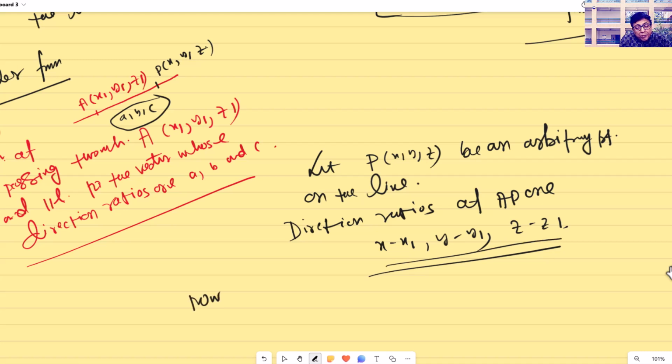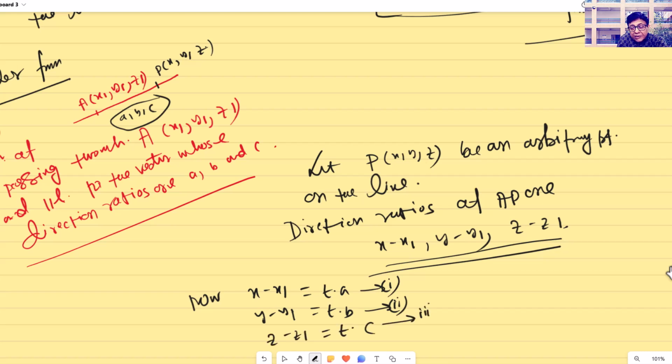Now x minus x1 is proportional to A, isn't it? So you can write x minus x1 equal to t into A. Number 1, y minus y1 t into B, and this is t into C.